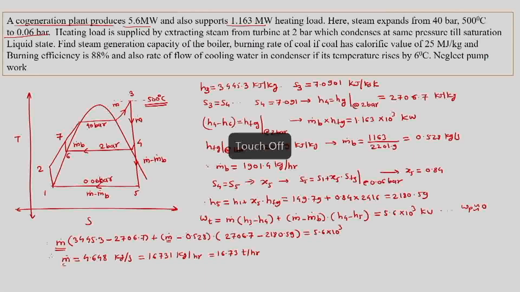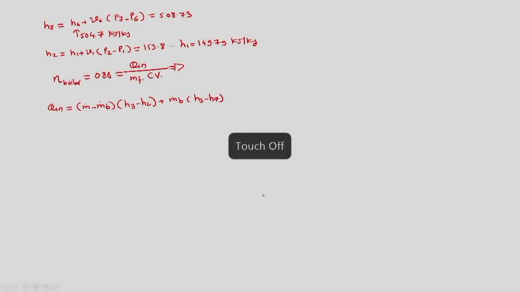It means that the pump actually deals with m dot minus m dot B and supplies to the entry to the boiler. So m dot minus m dot B gets heated in this complete path from 2 to 3, but m dot B joins over here at 7. So m dot B gets heated from 7 to 3. From here we get Q in as 15.111 megawatt.